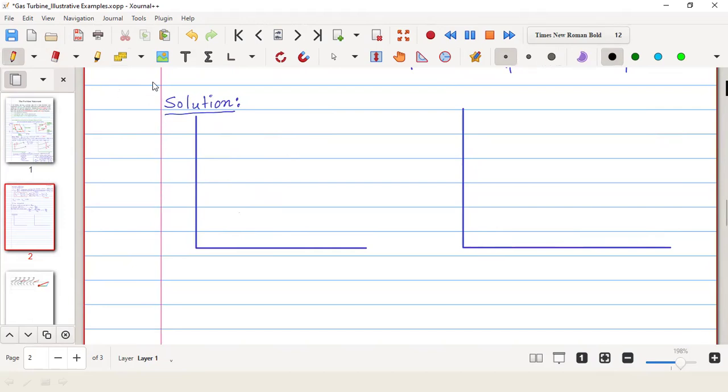Now in the PV diagram, it will be basically... First, let us draw the TS diagram.